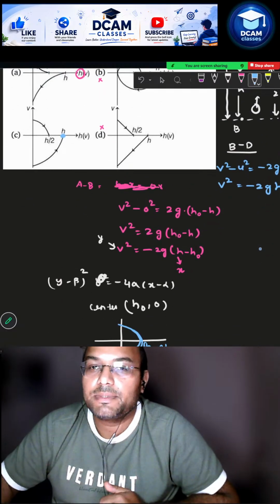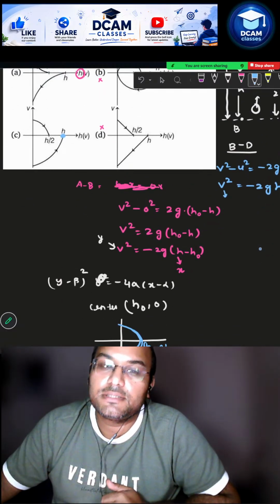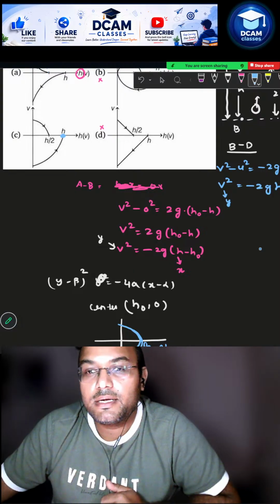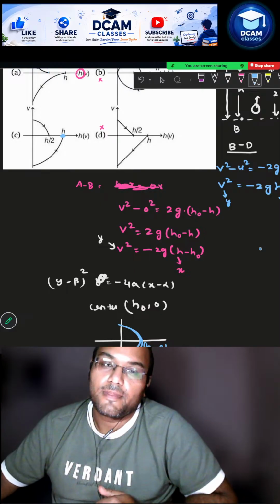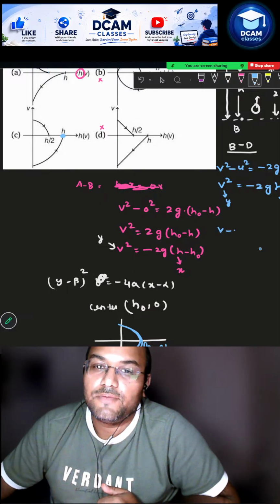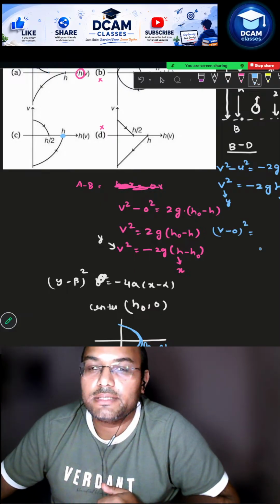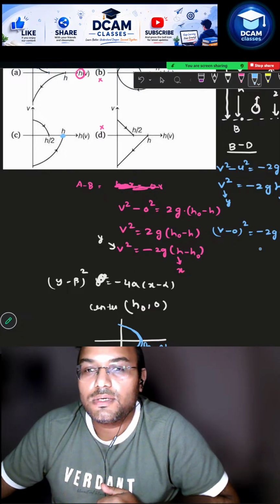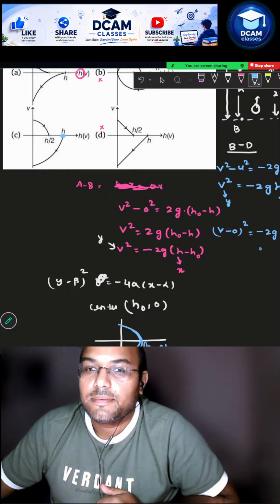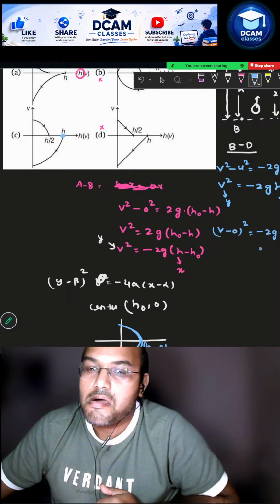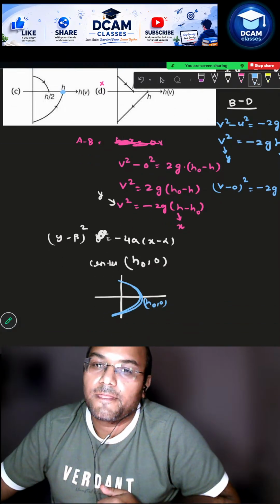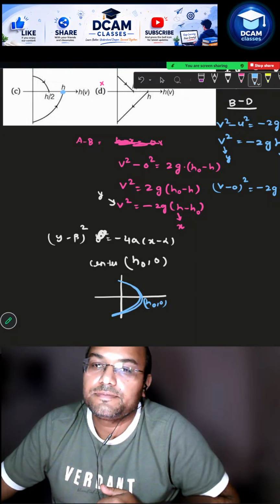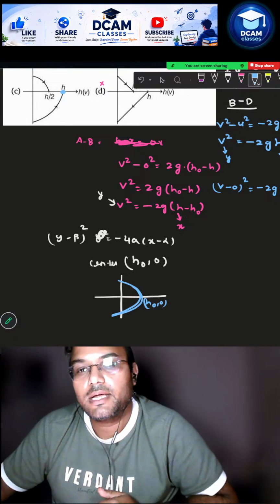Now here v is y and h is your x-axis. So you can write it as v minus 0 whole square is equal to minus 2g into h minus u square by 2g. Correct?